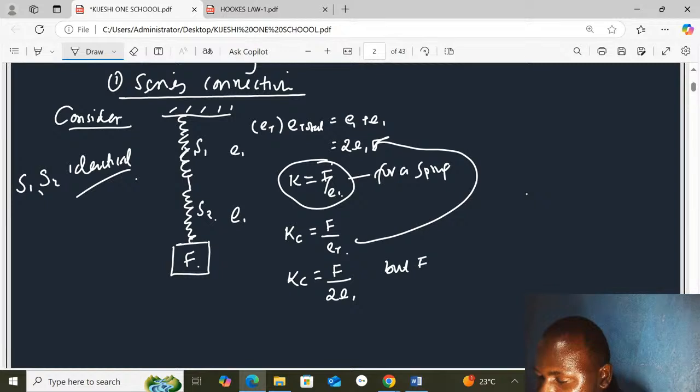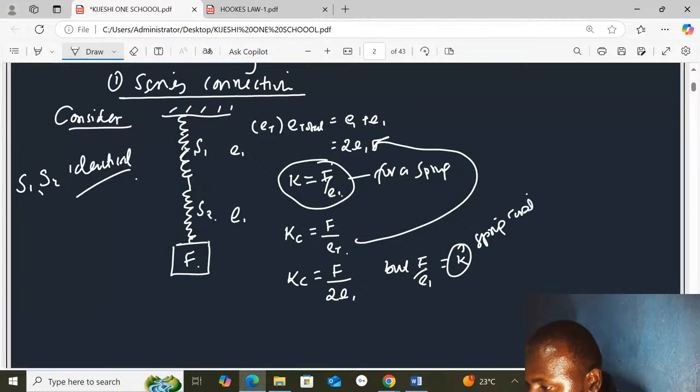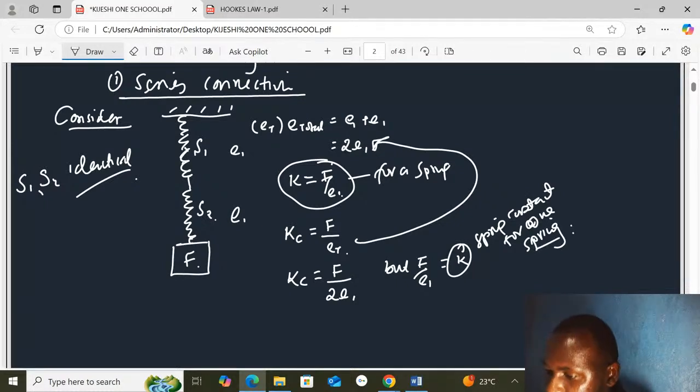But F over E1 is same as K. And the K is the spring constant for one spring.